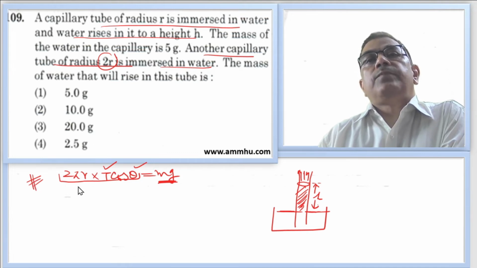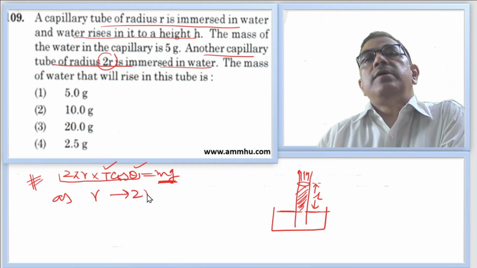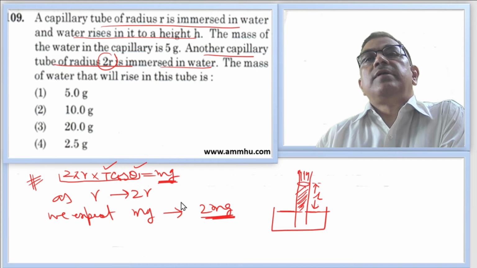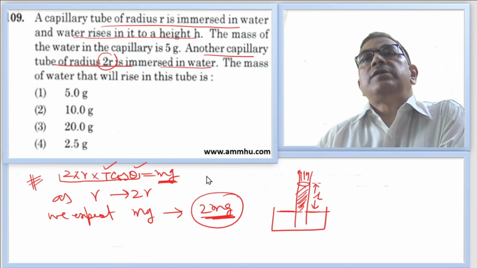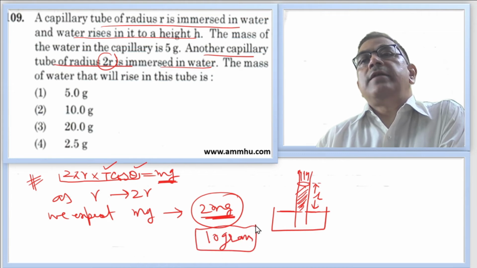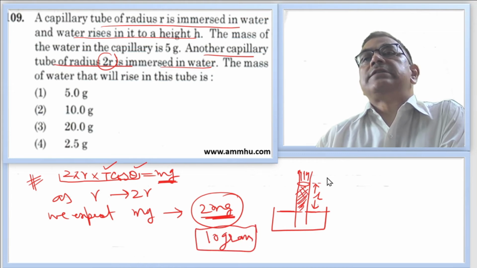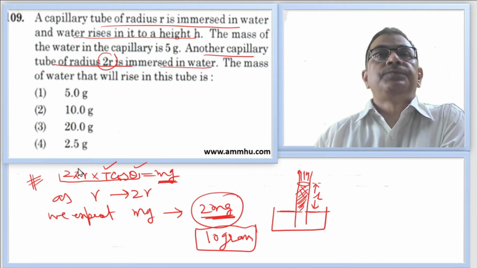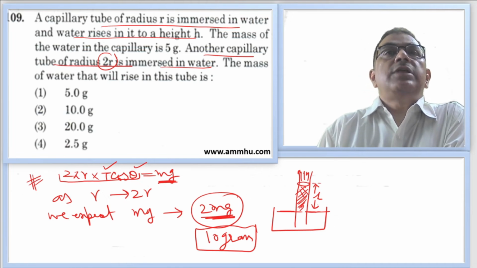So as r is doubled, we expect mg should become 2 mg. So the answer should be the amount of liquid that should be equal to 10 gram. 10 gram is the liquid that this capillary of twice the radius should be able to hold. Is that right?